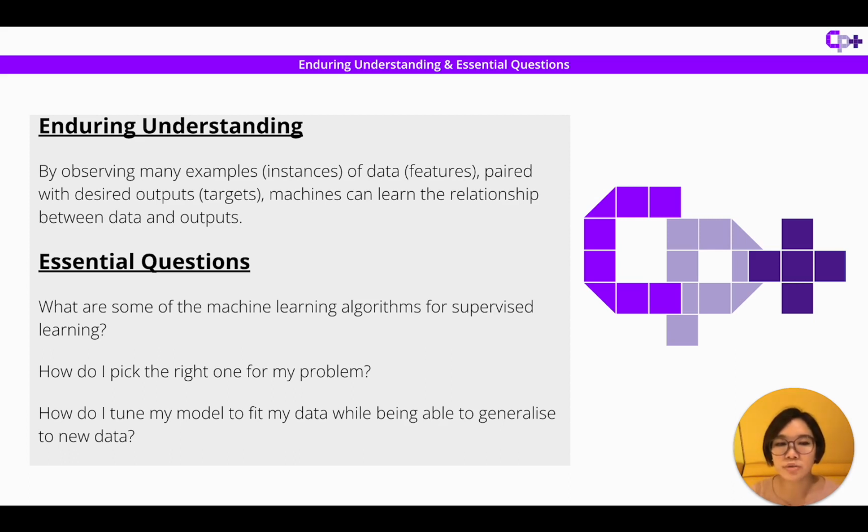It doesn't know how to deal with it. So that's not going to be useful in the real world, because you're always going to have new unseen data out there. So what we want to do is we want our models to be able to fit the data, do reasonably well on the ten-year series, and yet be able to generalize to new questions to get the answers for those questions as well.